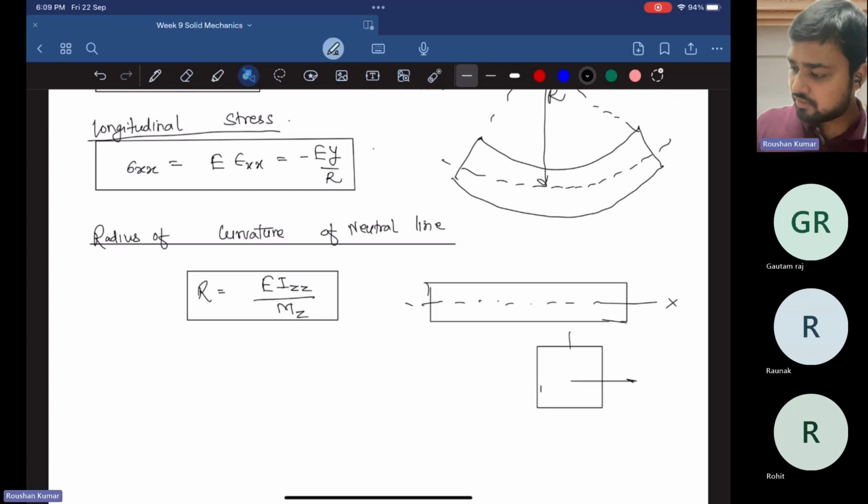This is along x, this is along the z direction, and this is along the y direction. Izz is the second moment of area about the z axis, Mz is the moment about the z axis, and E is the Young's modulus. So this is the formula for the radius of curvature of the neutral line.